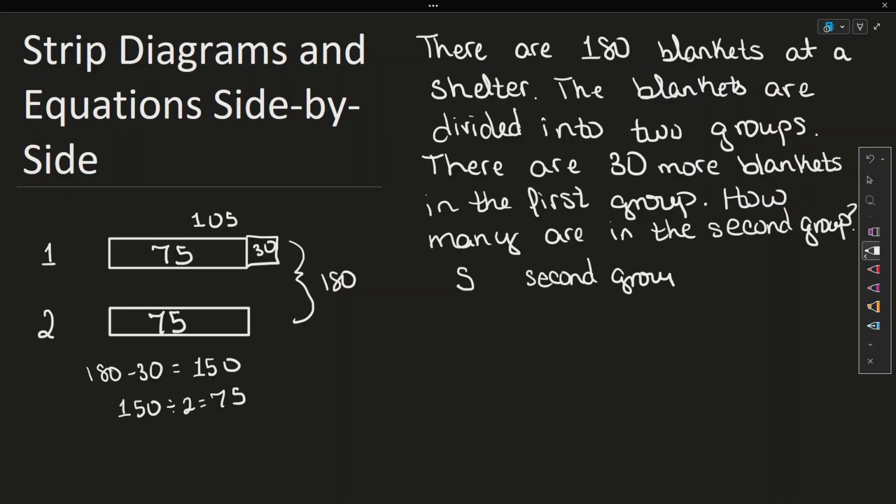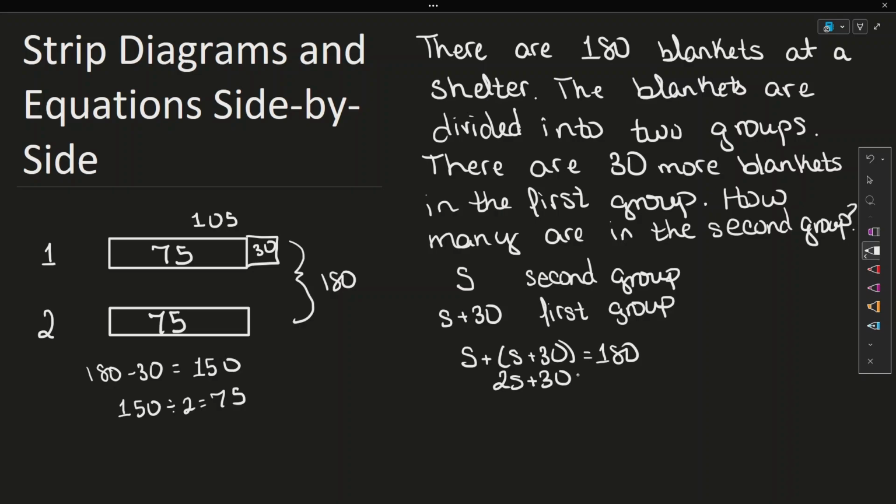So, first group will then have that same amount plus an extra 30, so S plus 30. So we have S plus 30 should be equal to 180. Together, simplifying, we would get 2S plus 30 equal to 180.